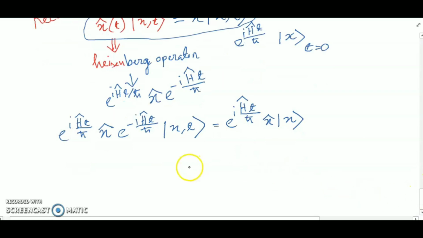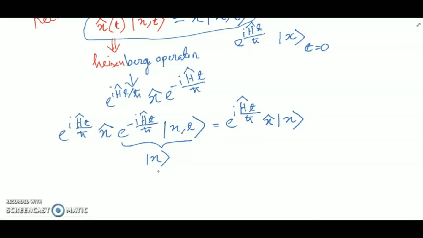So you have to remember that this equals the state x. Okay, state x means t equals to 0.